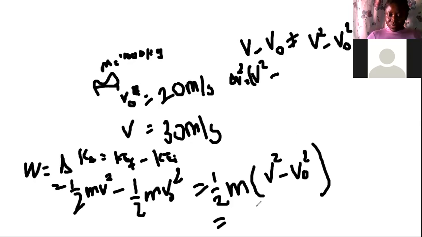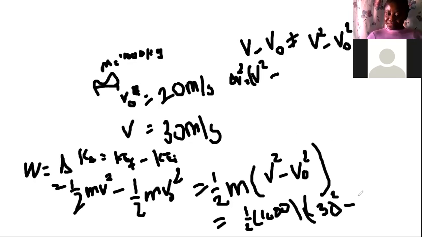Okay, so if you put in our values, we know half, and we know our mass is 1,000 kilogram. We don't need to convert, it's already in SI units. The speed is equal to the final squared, 30 squared, minus the initial, which is 20 squared.